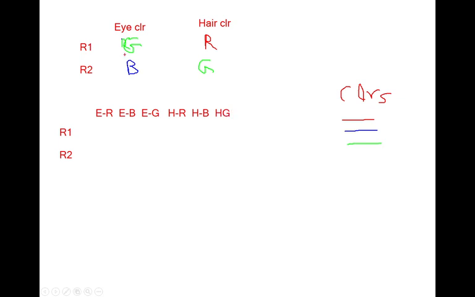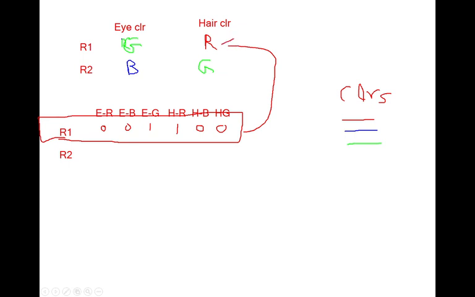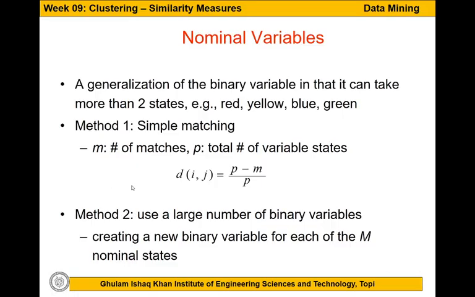Since this person has green eyes, we will turn that on, and this person has red hair, here red. The rest of the variables will get value 0, and similarly we will do for the second record as well. So this is how the record is converted into a large number of binary variables, and then we can simply use this formula instead of the previous one.